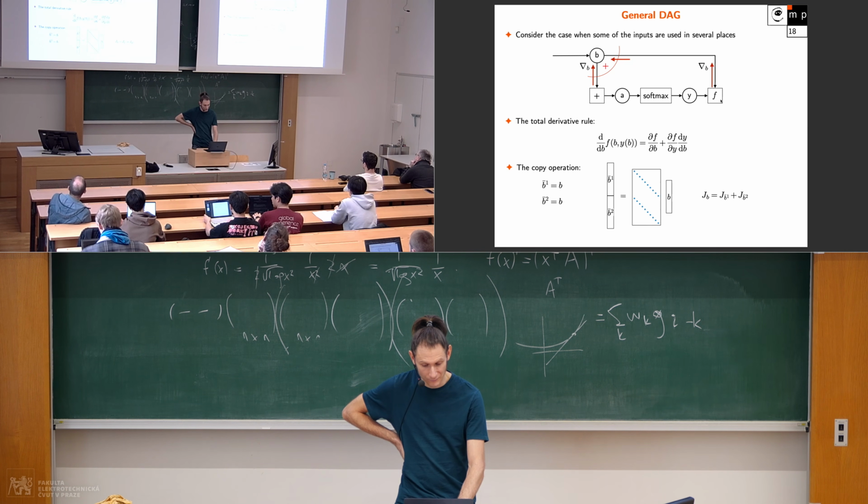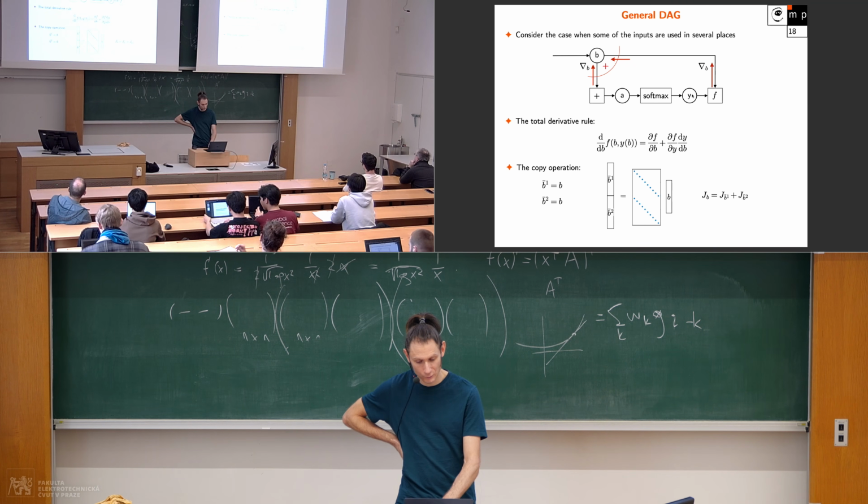So the function now depends on this input twice. Once through this function y and once directly. And therefore the total derivative is the sum of these: the direct dependence and the dependence through y.